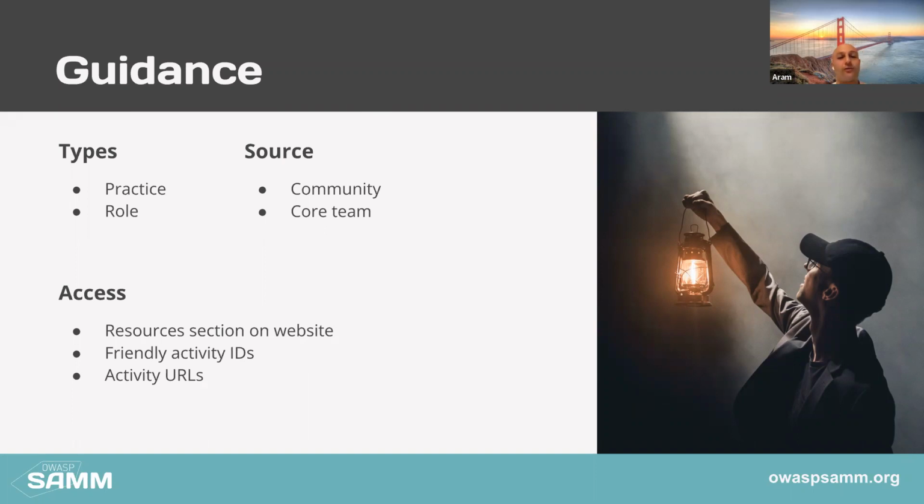And this guidance will also be added to the OWASP-SAMM.org site, to the model. So for each activity and each stream, you will have a link which you can use to go and check out these guidance documents.